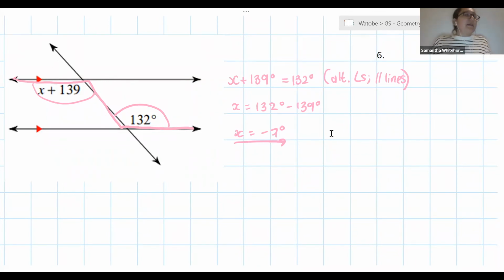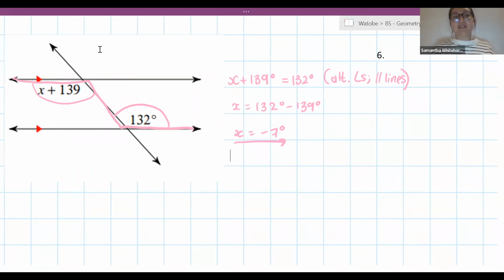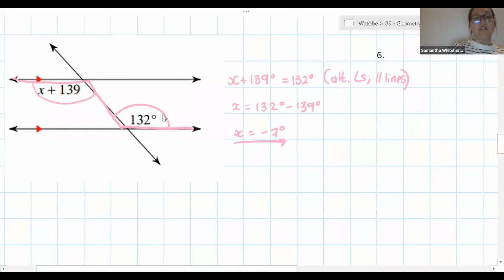Second thing is, often we do not get a negative answer for an angle size. So like here, -7, that's not really a value that we ever really work with. That being said, what we need to bear in mind is that if these angles have to be equal to each other, so if 132 has to be equal to x plus 139, well, that's already way too big than what it needs to be equal to. So it makes sense that x is negative.